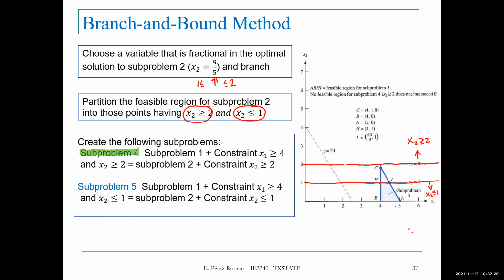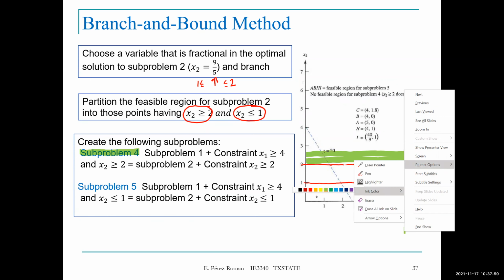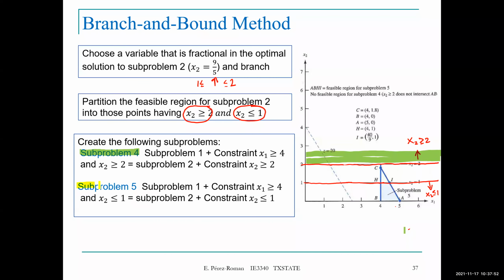subproblem 4 would be the area above this constraint. And you can see that that area is not touching the feasible region, right? So that's not going to have an impact on our solution. And then subproblem 5, it is under.